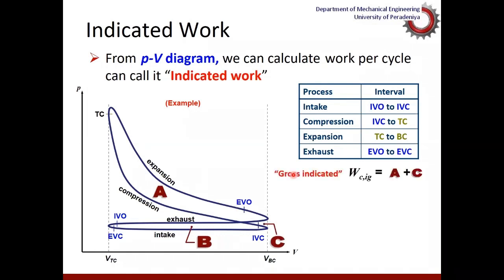Gross indicated work. So the gross indicated work is, this is the power cycle. So you compress the gases and you expand the gases. The area under this curve and the x-axis, or the volume axis, gives us the amount of work required to compress these gases.